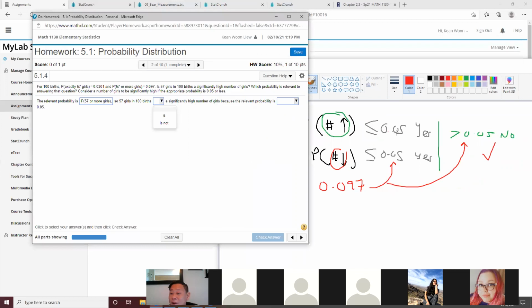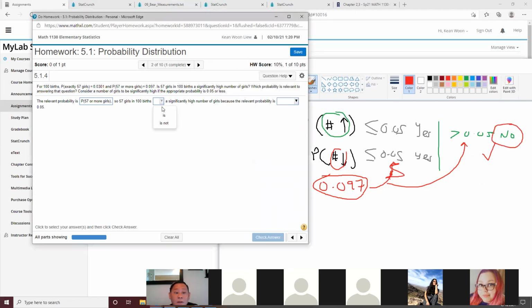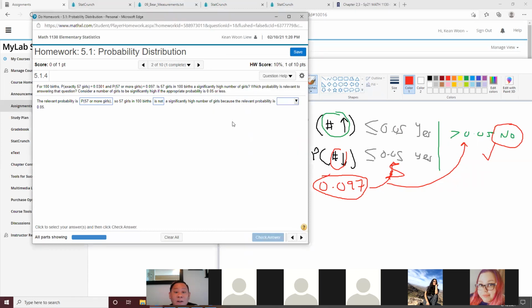Don't forget, if it's less than 5%, it is. If it's more than 5%, it's not. Again, let me repeat: if this number is less than 5%, then the answer is yes, it is. If it's more than 5%, it is not. Since this number is more than 5%, it is not significant.